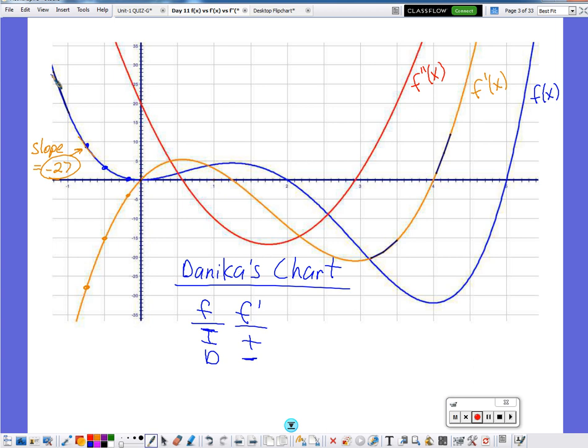Watch. From here to here, every single f prime value is negative. Now, those negative values are going up. Doesn't matter. They're all negative. That means the blue line must correspond perfectly in the sense that every one of these points is decreasing. When f is decreasing, every f prime value will have a negative value.